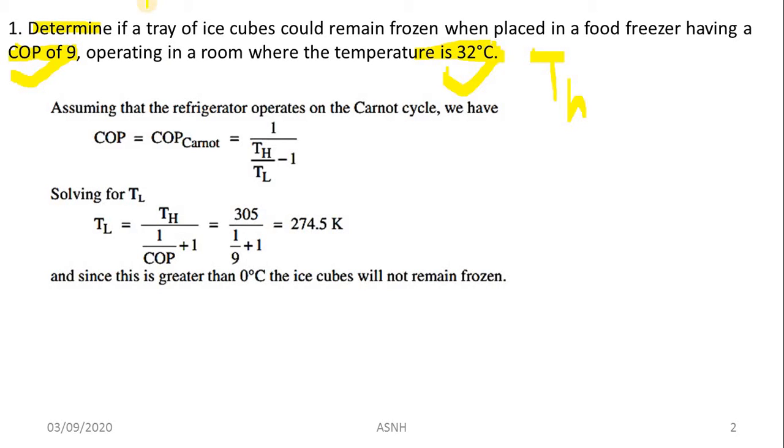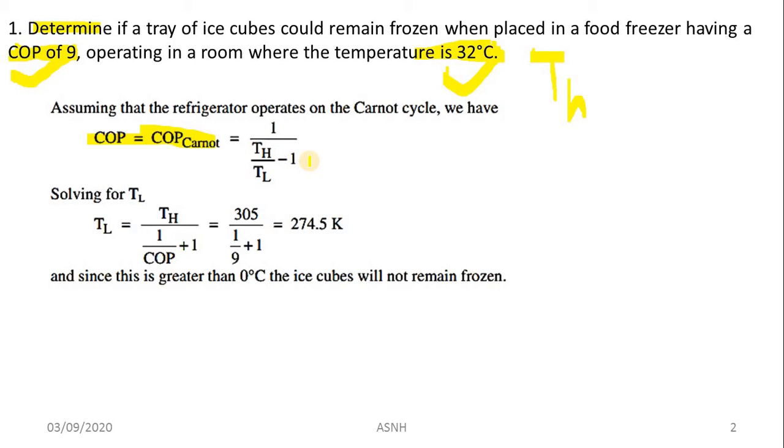As we know, the coefficient of performance is the ratio of low temperature upon high temperature minus low temperature. So we can apply this formula. With a new arrangement, it becomes 1 upon TH upon TL minus 1.